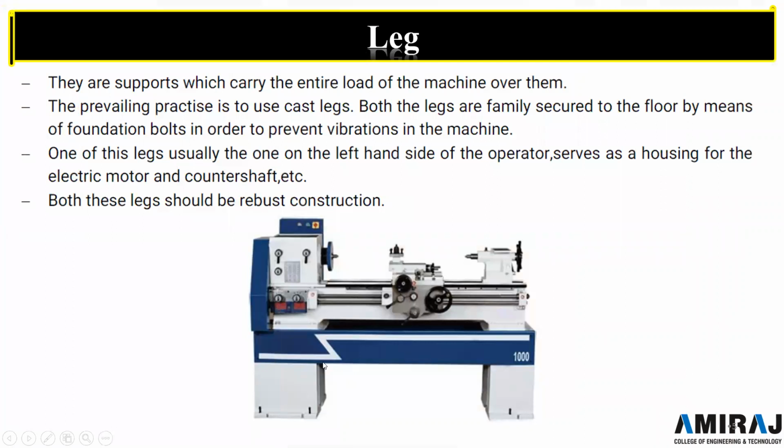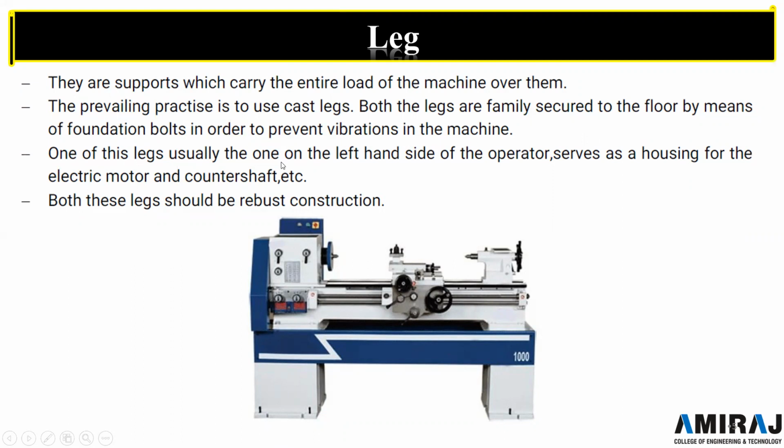The last part of the lathe machine is the legs, which are supported and carry the entire load of the machine. The prevailing practice is to use cast iron legs, and both the legs are firmly secured to the floor by means of foundation bolts in order to prevent vibration in the machine.